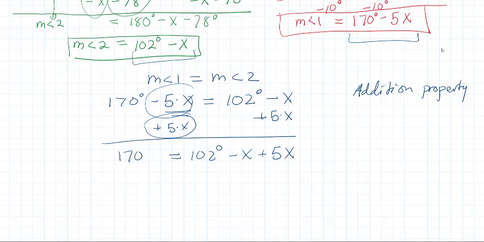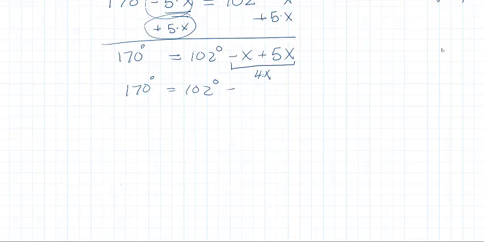Now again, we don't know what x is, but we can say that we have 5 of them and we're subtracting 1 of them. So we're left with 4 x's. So we have 170 degrees equals 102 degrees plus 4 times x. Our next step will be to move our 102 degrees here, the constant term, to the left.